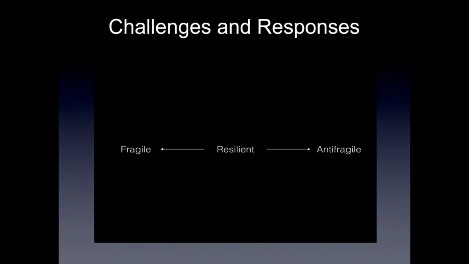And what you want to do is always think about it from this slide: it's not enough to be resilient. That just puts you in balance. What you really want is to be anti-fragile, and the way to do that is to keep thinking regeneratively all the time.